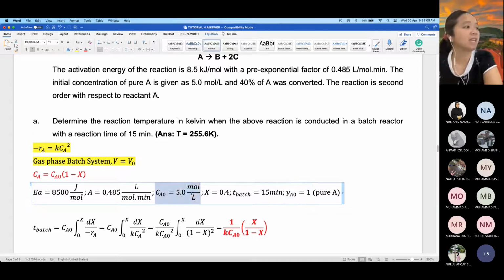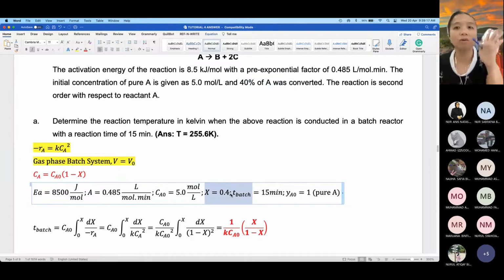It means CA0 is 5 mole per liter. And then 40% converted, X is 0.4. So from one sentence, you can extract 3 pieces of information: pure A means YA0 is 1, initial concentration of A, CA0 is 5, 40% A converted, X is 0.4. So 3 pieces of information from one sentence.